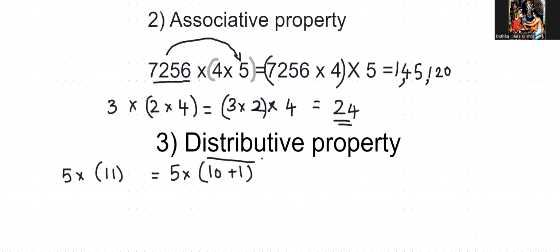In that case, you first multiply 5 with 10, then you obtain 50, plus 5 with 1 is 5, which is equal to 55. So, when you multiply two numbers, you can express any one of the numbers as sum of two numbers and individually multiply with the numbers. Okay, this is called the distributive property of multiplication.